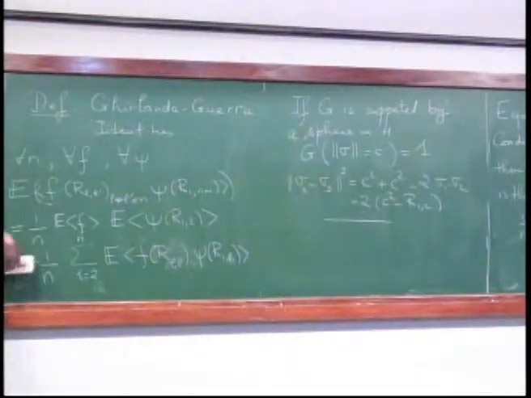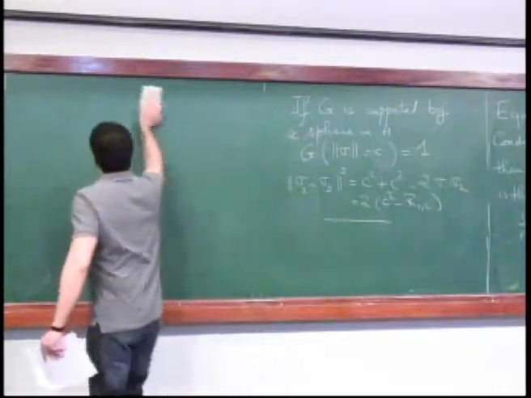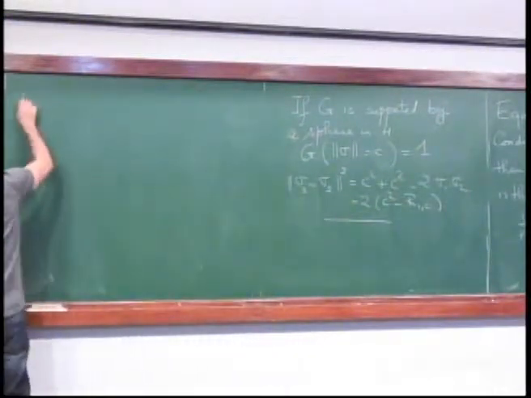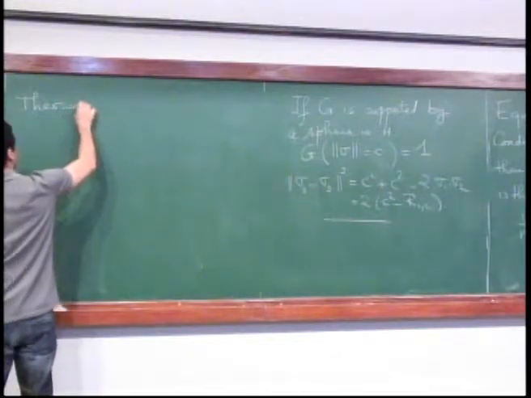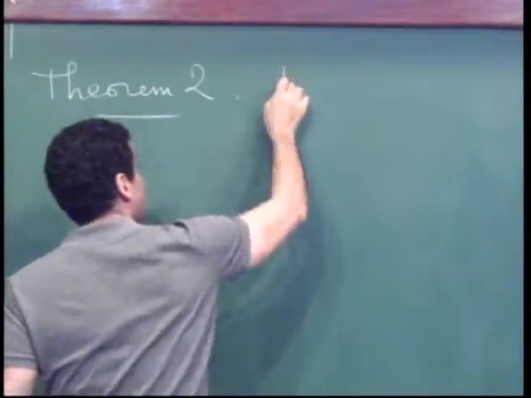Theorem 2. So all these theorems are under Ghirlanda-Guerra, otherwise it wouldn't be true. Theorem 2 is called the Talagrand positivity principle.